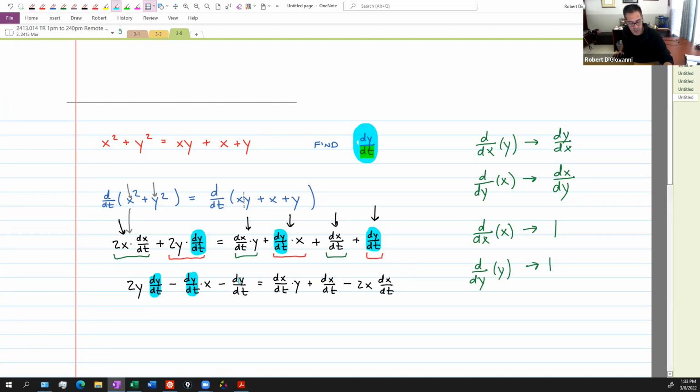All these have dy dt, so I will factor it out. So I have a dy dt times (2y minus x minus 1). On the right side, I'm just going to leave it alone: dx dt times y plus dx dt minus 2x dx dt.